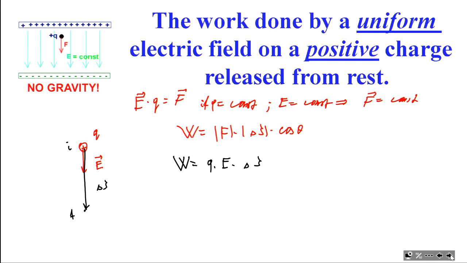Now what can we do? Well, we can introduce the x-axis. And now we have to introduce a new rule for introducing x-axis. The new rule says it has to point in the direction of electric field. New situation, new rules.